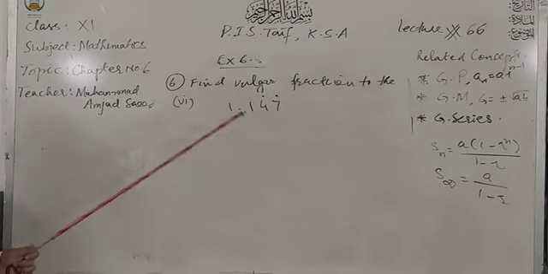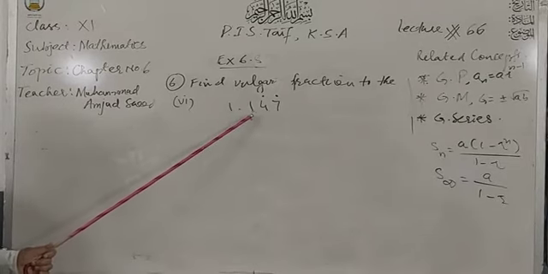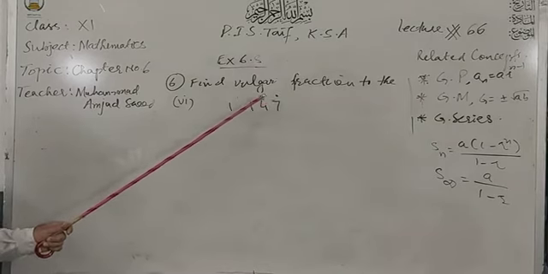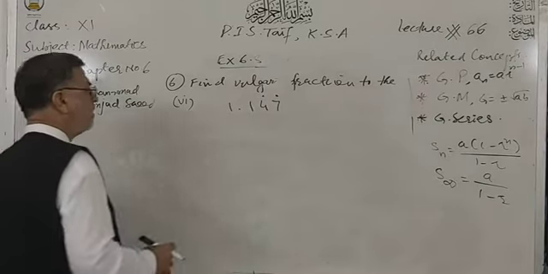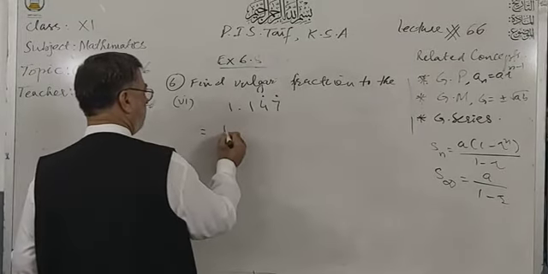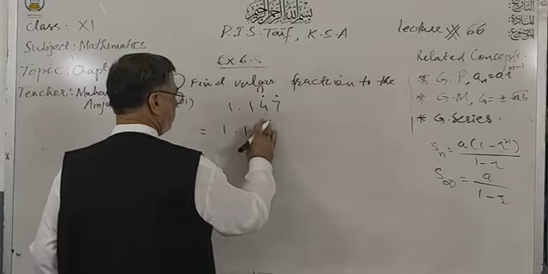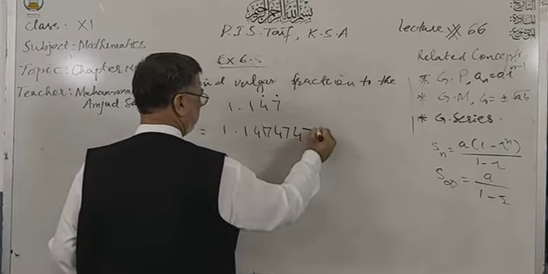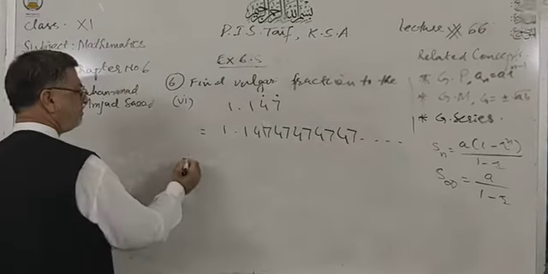It means that the 1 after the decimal is not recurring. Only 4 and 7 are recurring decimals. So you can write down 1.147474747 and so on.